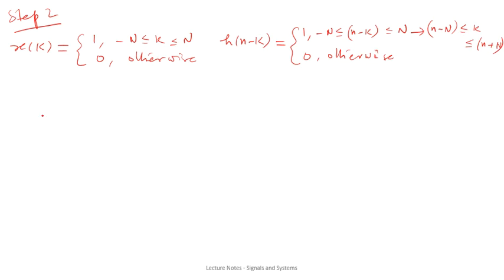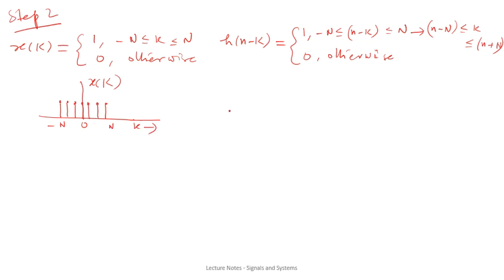So again if you draw this, x[k] will come the same, with one sample here. So this will be x[k] from minus N to N, the variable is changed.